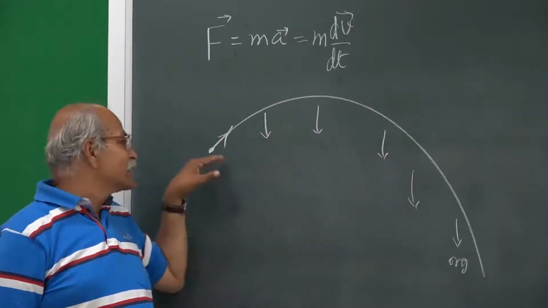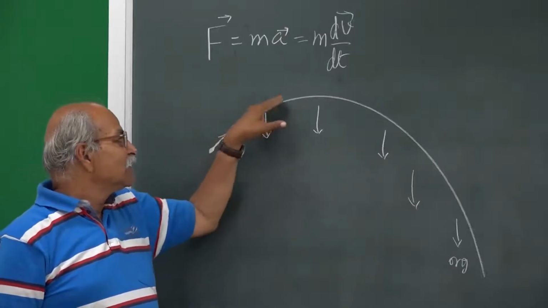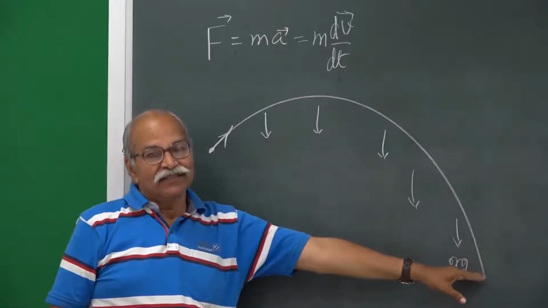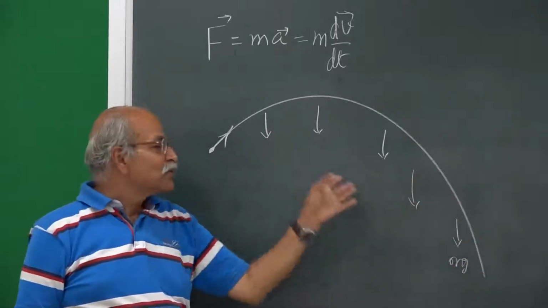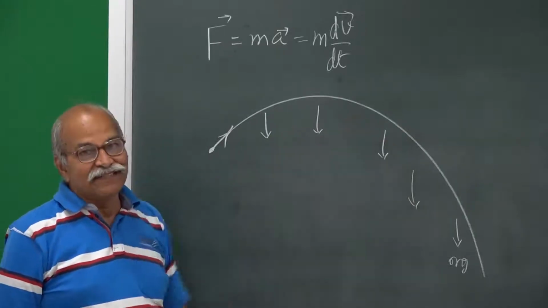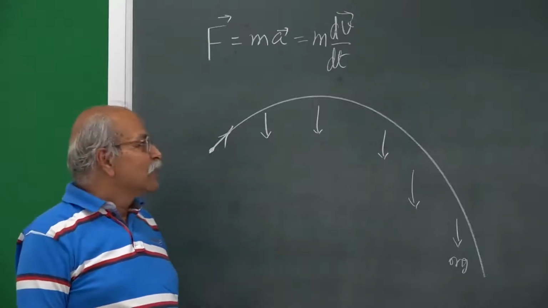Whatever is the initial velocity in x direction will remain everywhere in this path, because the force is in y direction and does not have any effect in the x direction. So, this we had been using very regularly.